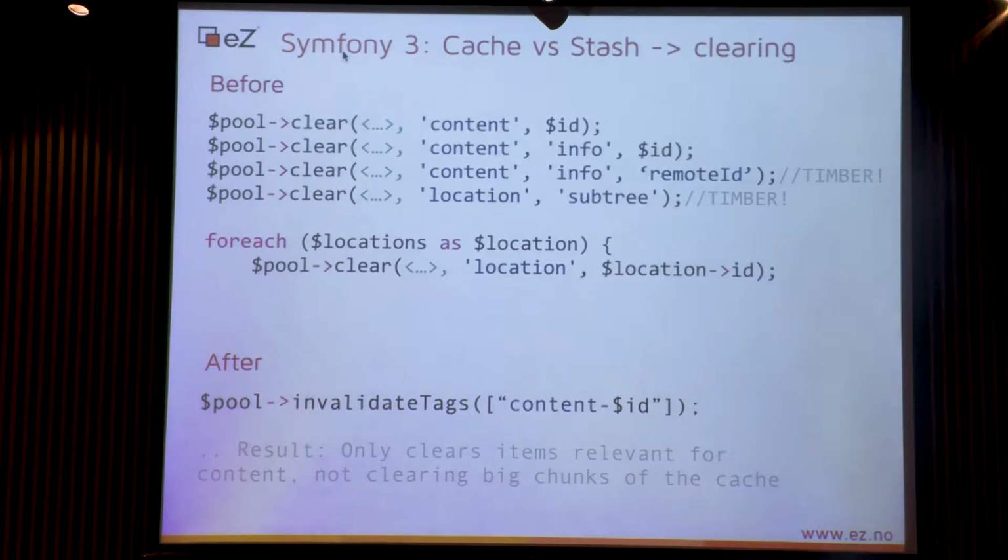With Symfony Cache, what we benefit from, and what you can also take advantage of, is the tagging. If all cache items have a relevant tag, we just clear the content ID, and that takes care of all of them. It's a second key lookup that the tags take care of, and code-wise it's a benefit, and as you saw on the previous slide on the lookups, it has a clear speed and performance benefit.